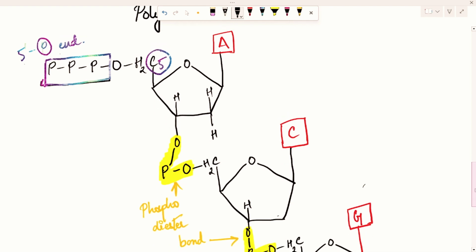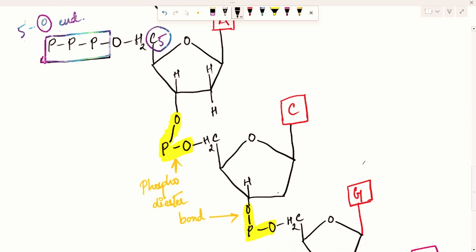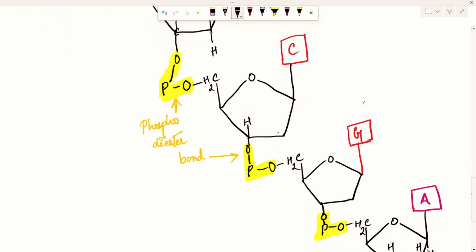After this particular nucleotide, the second nucleotide is joined to the previous one with a phosphodiester bond, with the hydroxyl of the previous sugar getting attached to the phosphate of the second nucleotide, and every time the same thing continues, and these bonds are known as phosphodiester bonds.